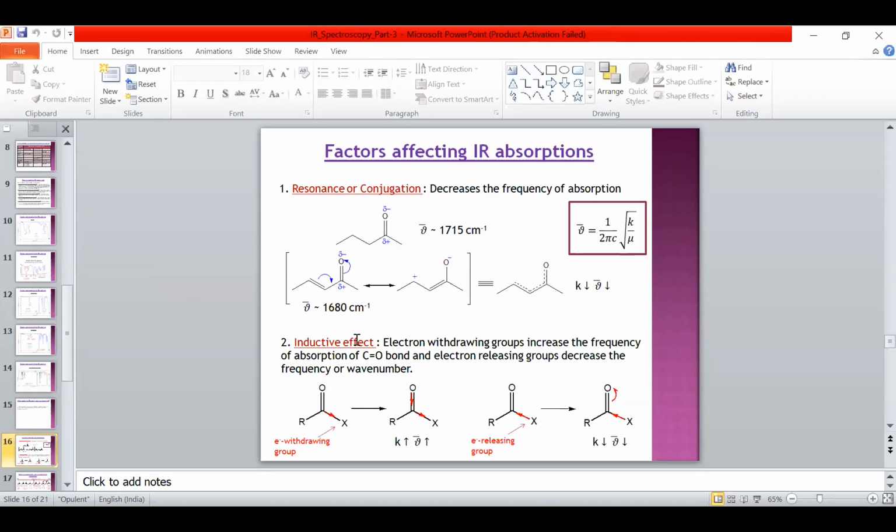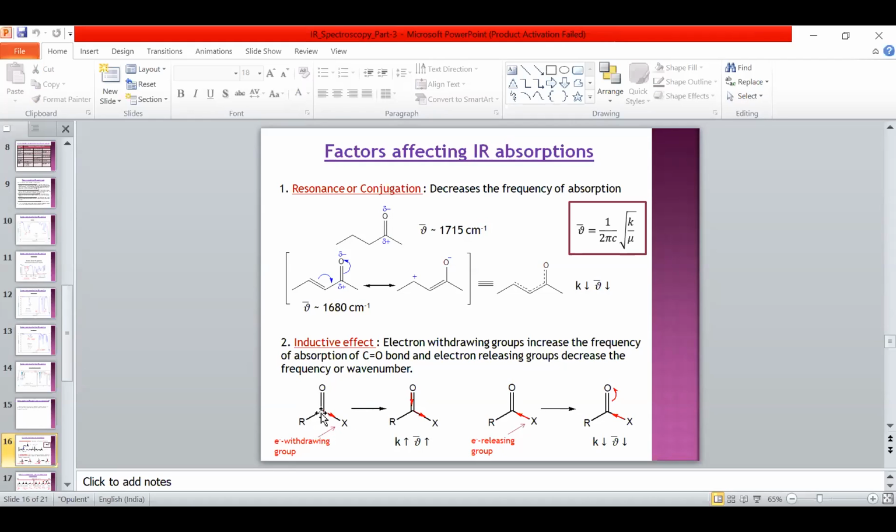Second effect is inductive effect. Here, inductive effect actually depends on the nature of the group that is attached to the bond under study. So if we are studying the carbonyl bond, the electron withdrawing group, if we see, is going to increase the strength of this double bond as shown by the red arrows here, because the X is pulling the electron density towards itself.